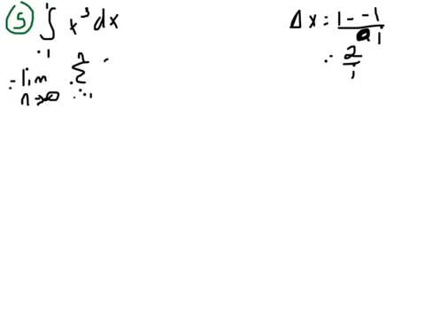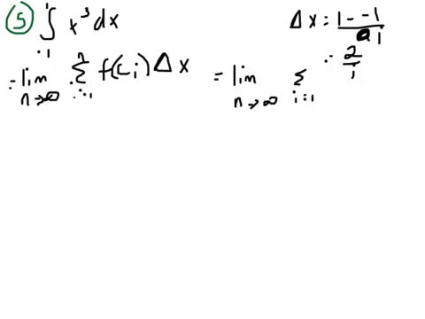So it's going to be the function value times the change in x. But I know what my change in x is. Let me keep going over here to use my space as best as I can. The limit as n approaches infinity of the sum of i equals 1 to n. My width, let me draw a little line here, is 2 over i, if I plug it in. And my function value is something cubed.